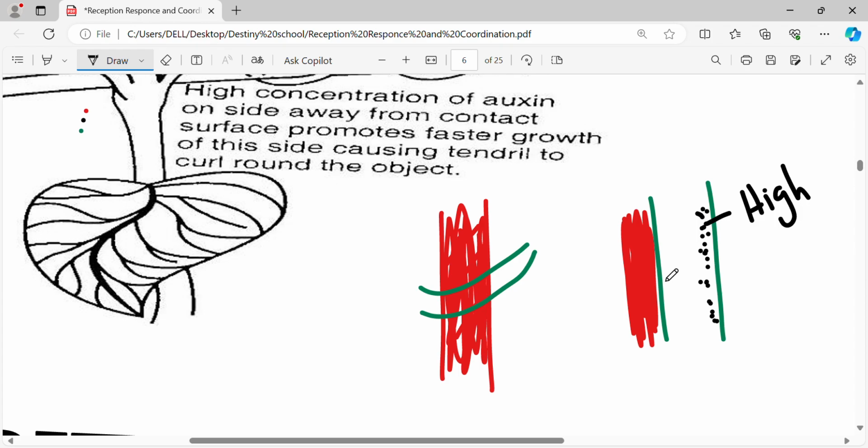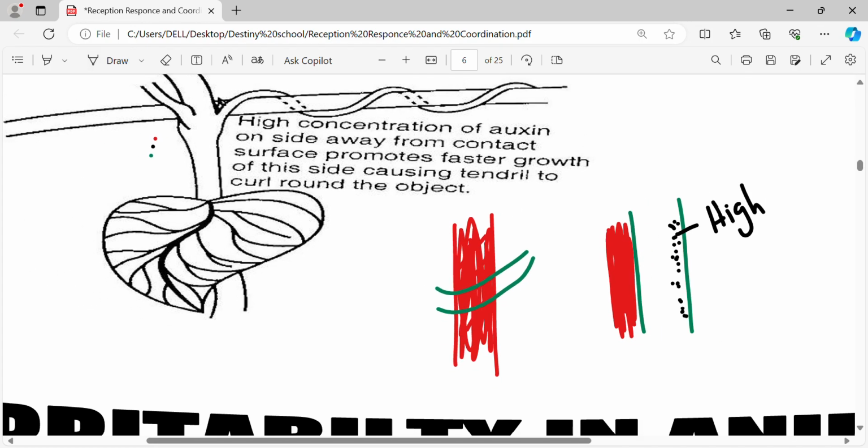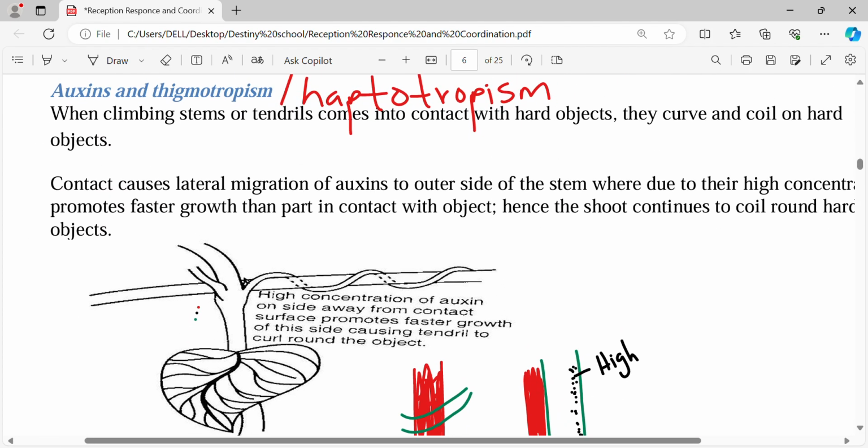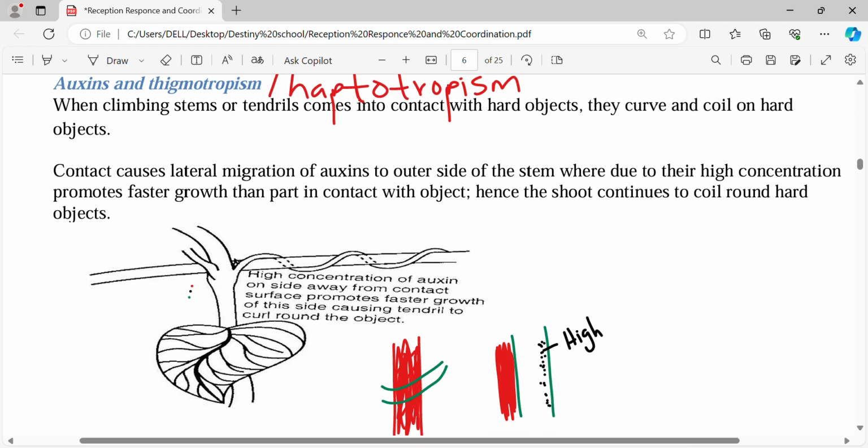Just like the shoot, low concentration of auxins in the tendril leads to slow growth rate. So the side growing slowly covers a small distance, and the outer side covers a larger distance. So it curls round that object. That's how thigmotropism is able to occur.